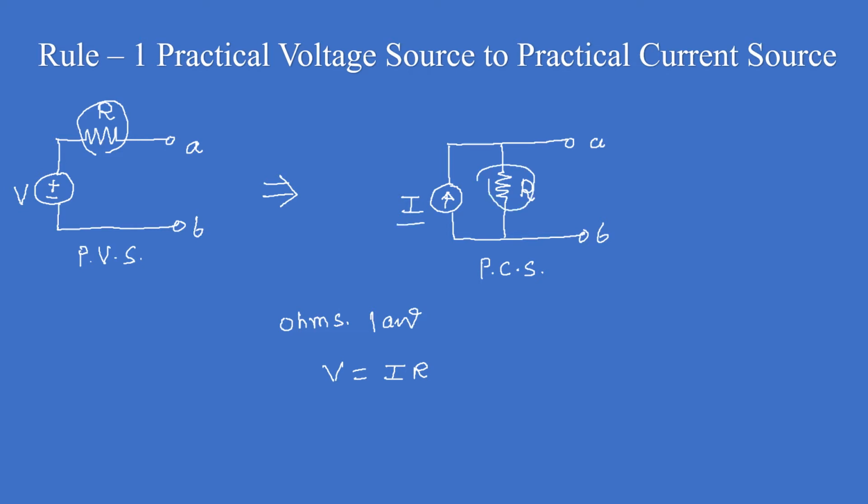Then what is the value of I? That can be found as I equal to the ratio of V upon R. By using this value of voltage and resistance, we can easily calculate the value of current I. So by using Ohm's law, we can convert the practical voltage source into a practical current source.